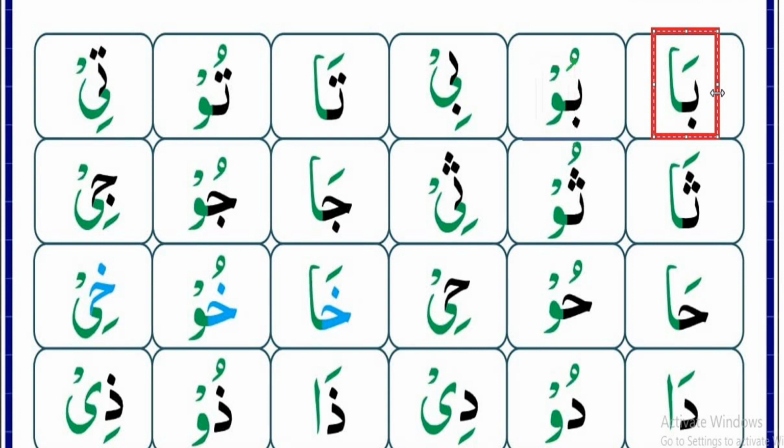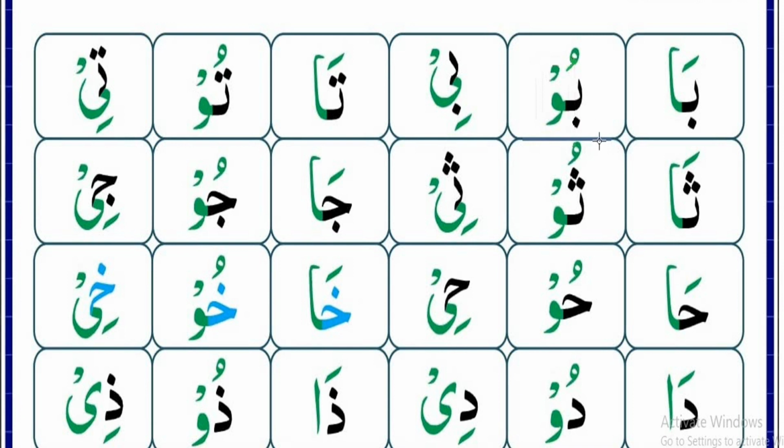This is why alif is always a madda letter, because you will never see a kasra or a dhamma before alif. So there's only one possible sign before alif.